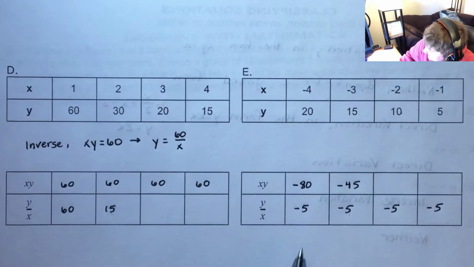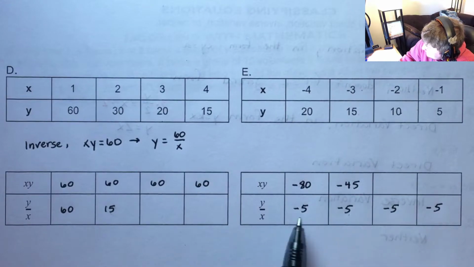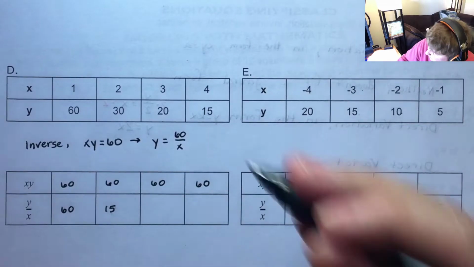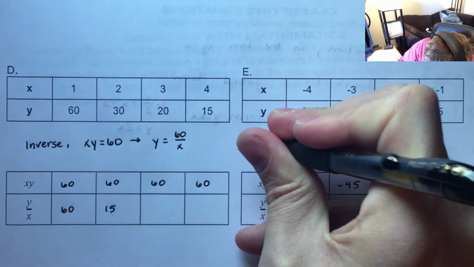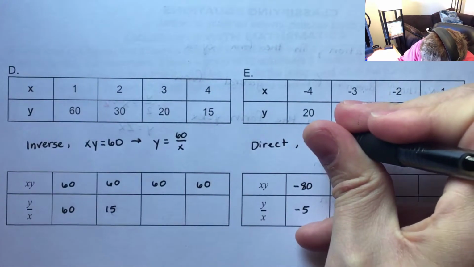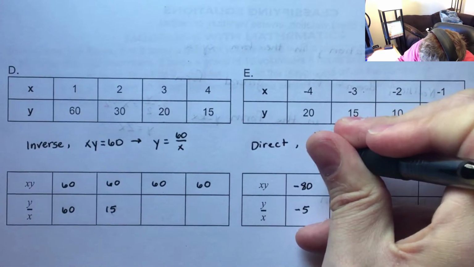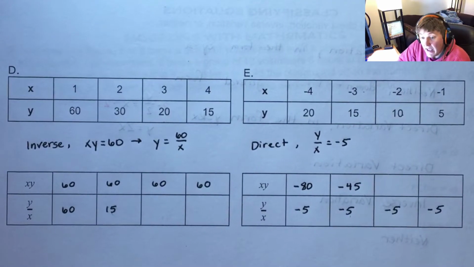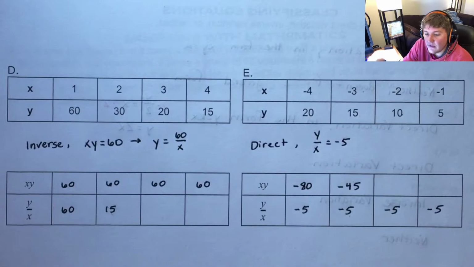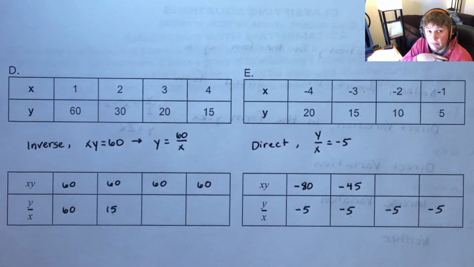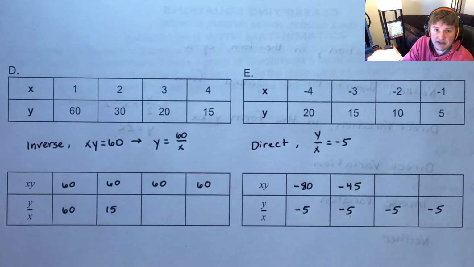Okay, so we have this constant value of negative 5. Okay, and that's the y divided by x. So y divided by x is going to tell me that this is going to be a direct variation, specifically with the equation being y divided by x is equal to negative 5. Okay, and then just like the previous problem, we do have a more ideal answer, and that ideal answer for me would be with the y value by itself.